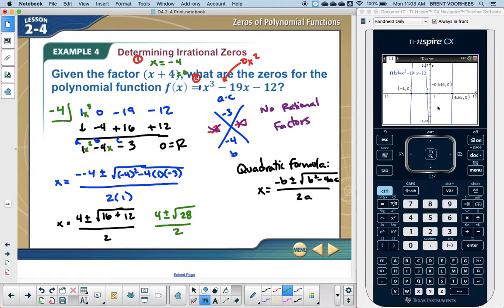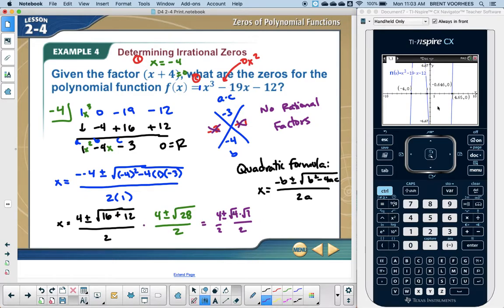All over 2. And I'm going to simplify this and divide here. The square root of 28 is the same thing as the square root of 4 times the square root of 7. And so I have 4 plus or minus, I'm going to go 4 divided by 2, and then over here, square root 4 times square root 7 divided by 2.